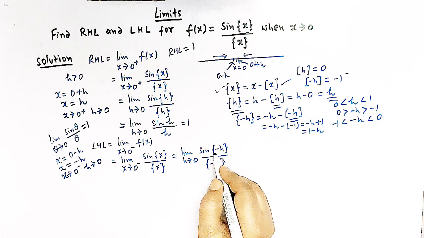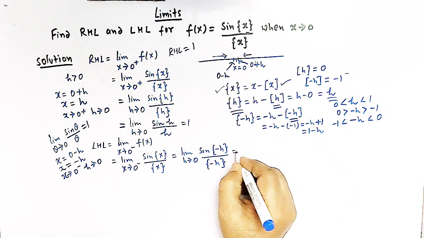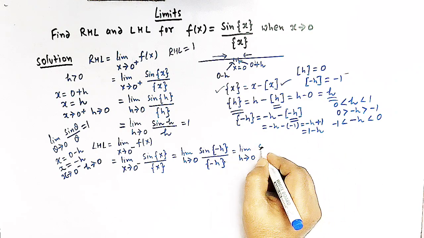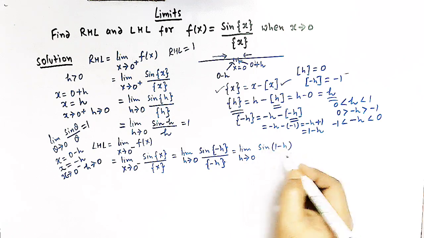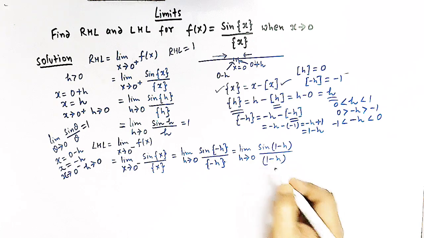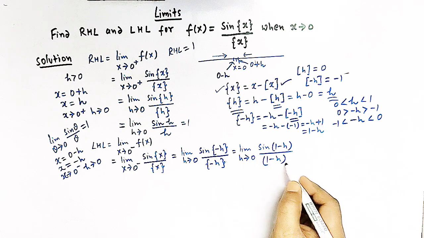So replacing the fractional part of minus h by 1 minus h, here we have limit h tends to 0, and we have sine of 1 minus h divided by 1 minus h. So now we can take h is equal to 0.